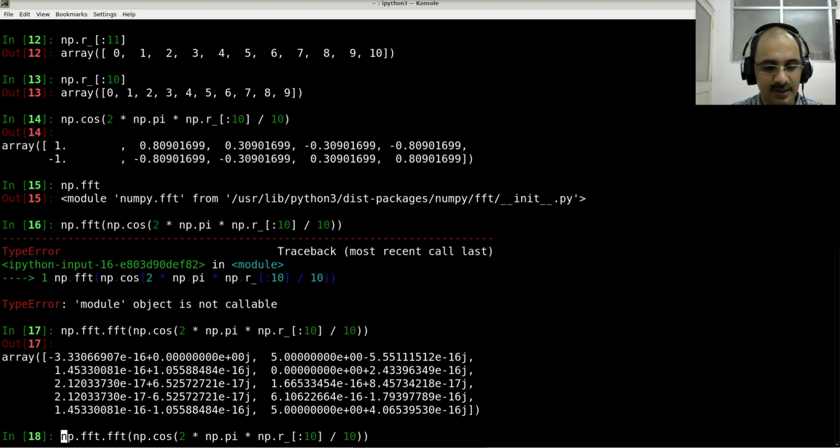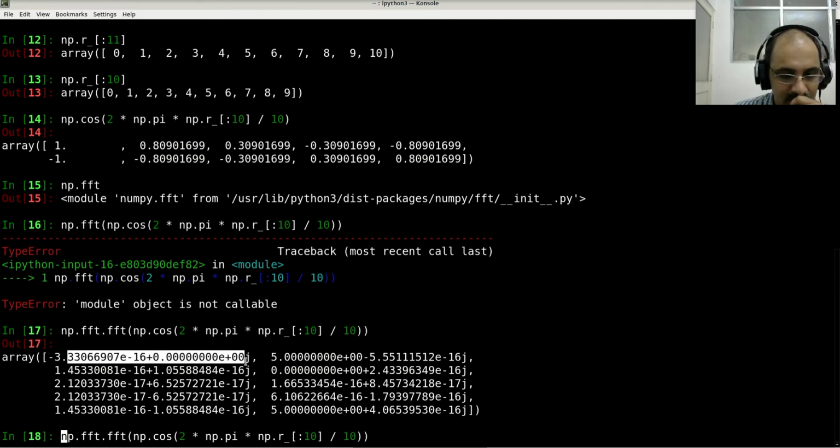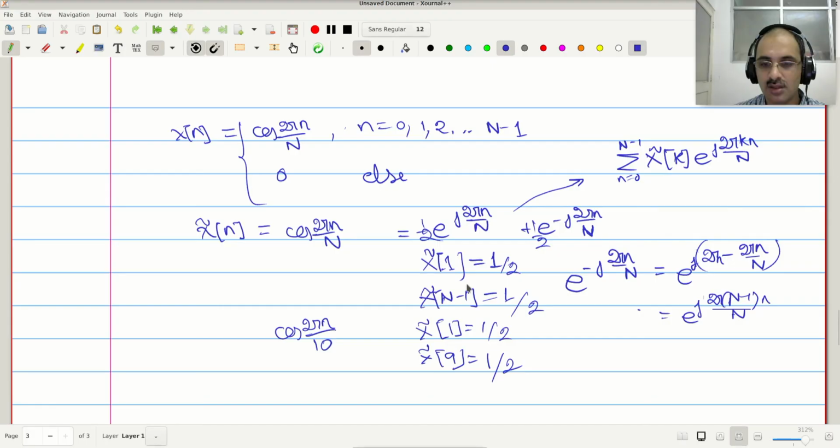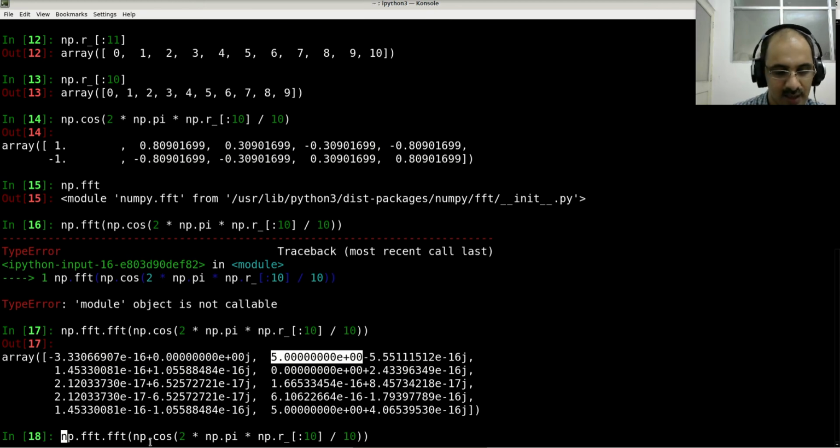If you just observe this carefully, it's 0 here, and you get 5. I think there's a scaling issue. I'll get to the scaling issue in a minute.